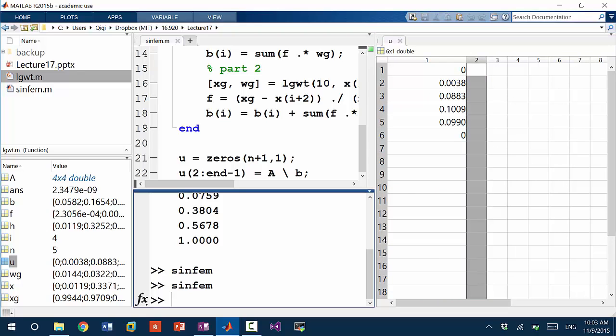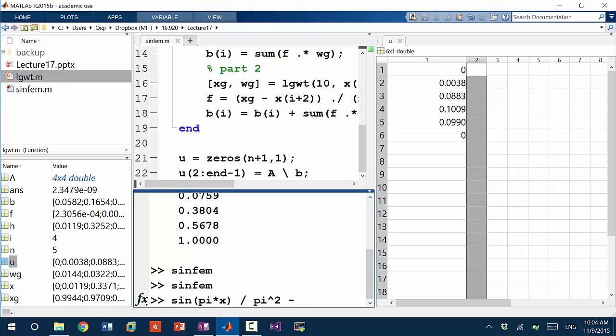Now, I did this not just to show you how to implement a finite element, because we have done that before. I want to take a look at how accurate the solution is with only 5 elements. So remember, the analytical solution is sine of pi times x divided by pi squared.